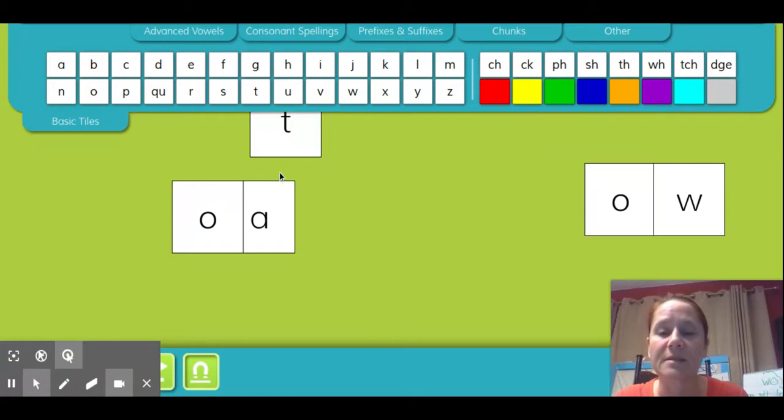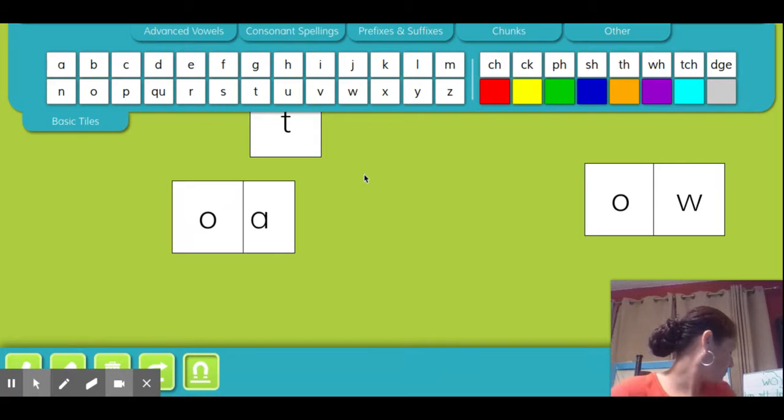Okay, let's try another one, boys and girls. I'm going to throw out that T, and I'm going to throw out this other T here. Okay, so let's pick another one. How about let's do Rome. Listen. Rome. I hear a beginning and an ending sound, but the ending sound is not O. So where do you think it should go?